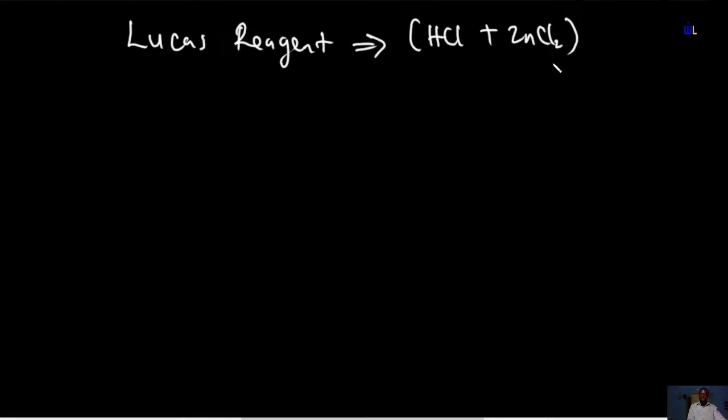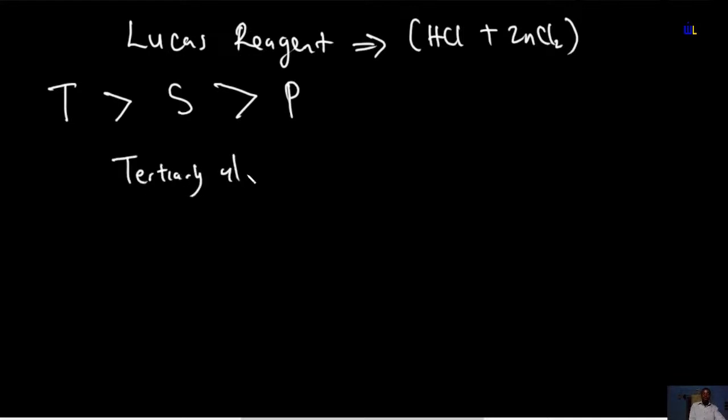So, what happens in this case? I told you that tertiary is greater in reactivity than secondary, and secondary is greater than primary. What basically happens with Lucas reagent is that when you react a tertiary alcohol with Lucas reagent, the compound produced is turbid.